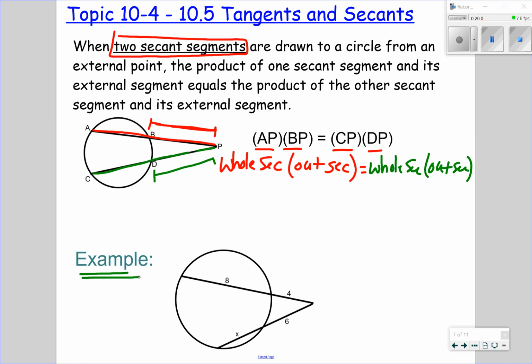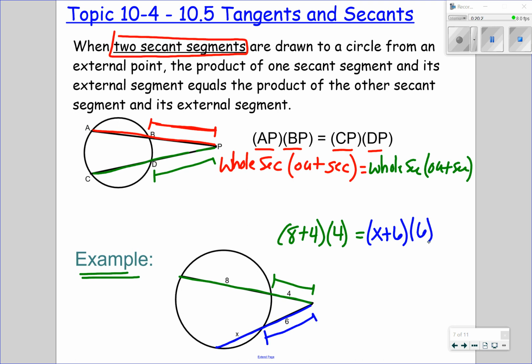So we have two secants. So I'm going to do whole secant. My whole secant would be 8 plus 4 times my outside piece, which would be 4. I'm going to set that equal to the other whole secant. Notice this is x plus 6, not 6x, times the outside piece, which is 6. And then algebra happens. 8 plus 4 is 12, and then 12 times 4, the left side, we're going to get 48.